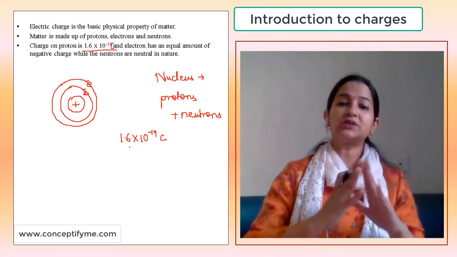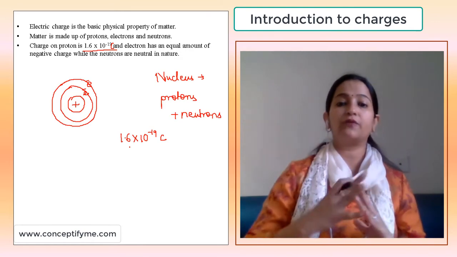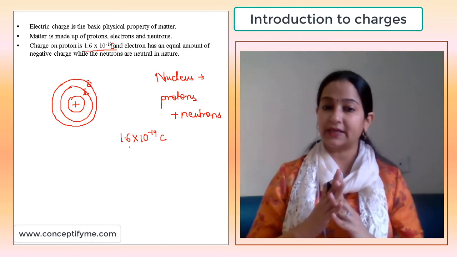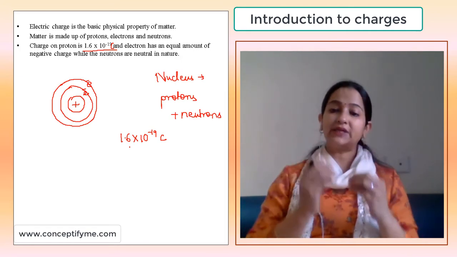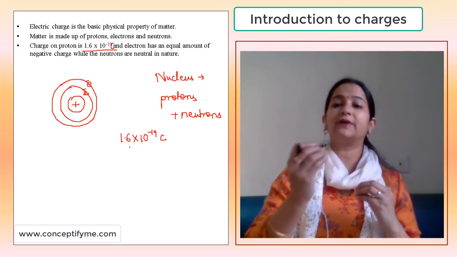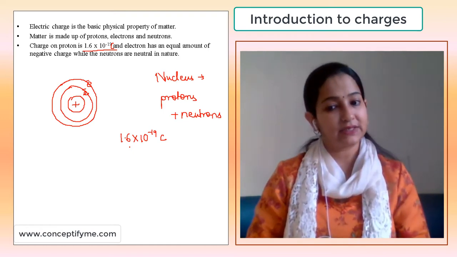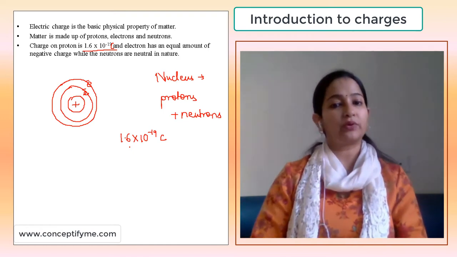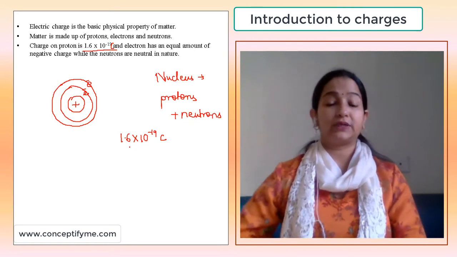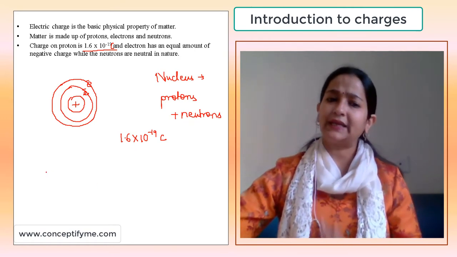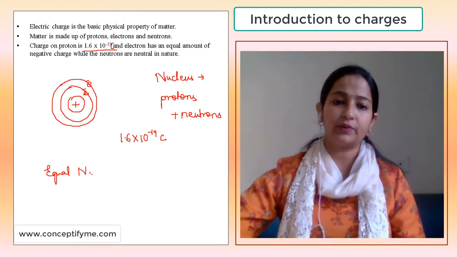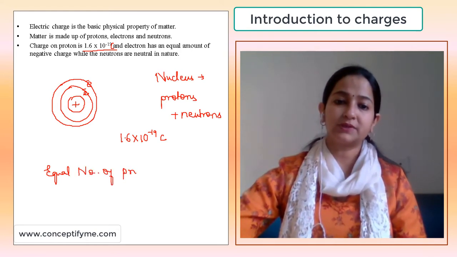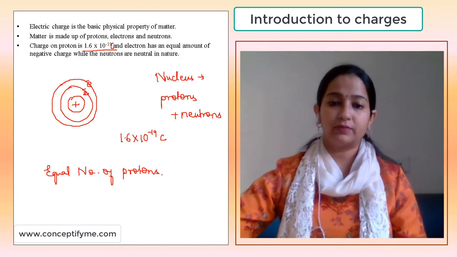Each electron has a charge of negative 1.6 into 10 to the power minus 19 coulomb. And neutrons, as we had already said, are neutral in nature. Now, generally, any body has an equal number of protons and electrons.